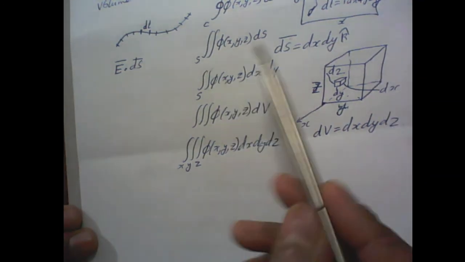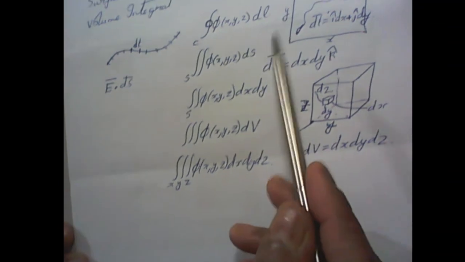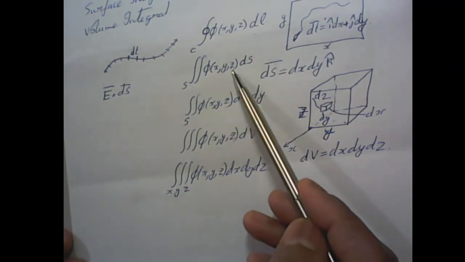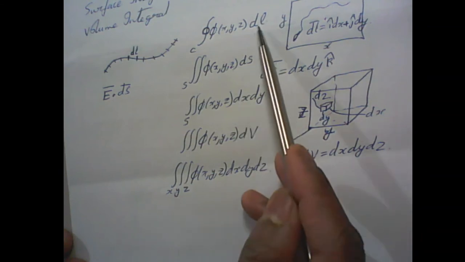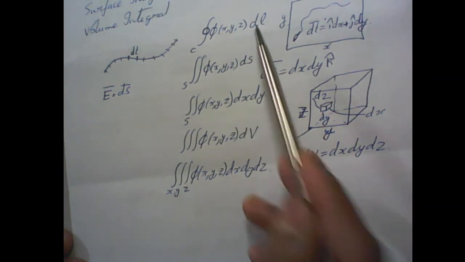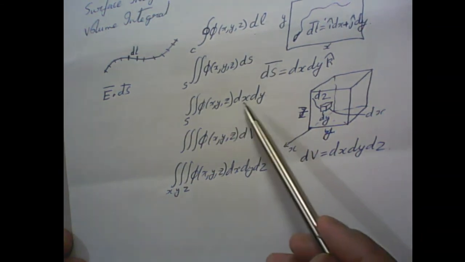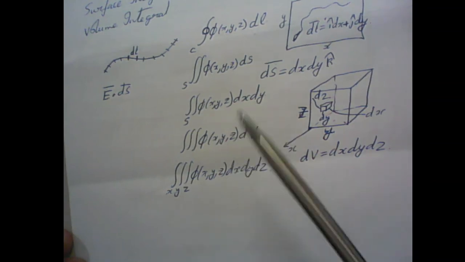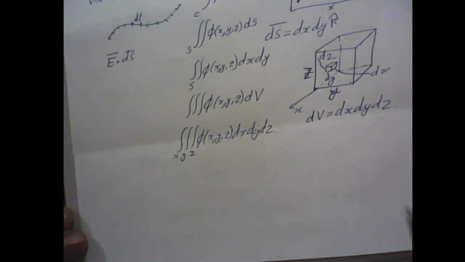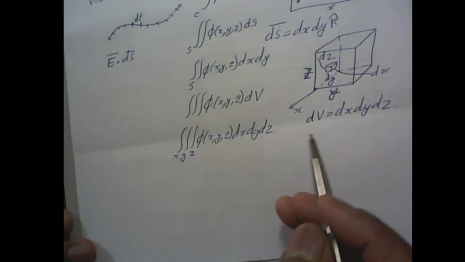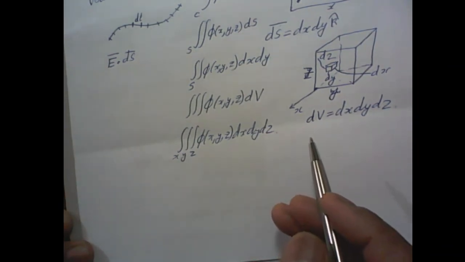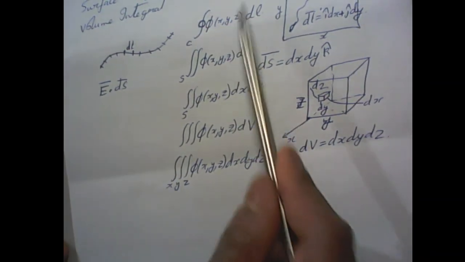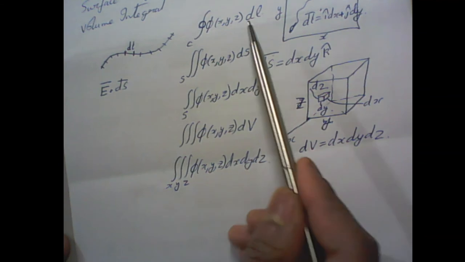So a line integral is one-dimensional, involving one variable. A surface integral involves two variables. A volume integral involves three variables. Which one will be the easiest? Obviously, the single variable one should be the easiest.